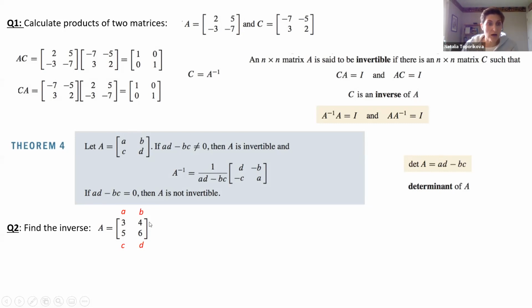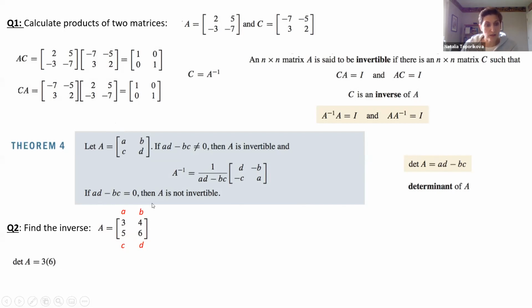Now we have our values for A, B, C, D, so we can use the formula for the determinant to figure out if the inverse even exists. What's our determinant? According to the formula, we take the two left diagonal elements, A and D, and multiply them. In this case, A is equal to 3, D is equal to 6, so their product will be 18.